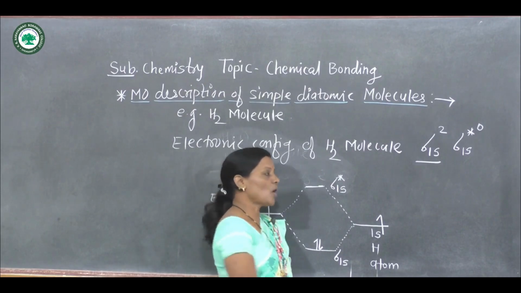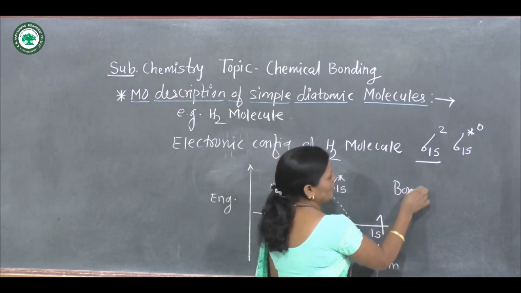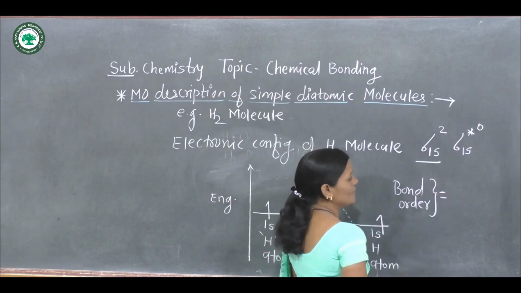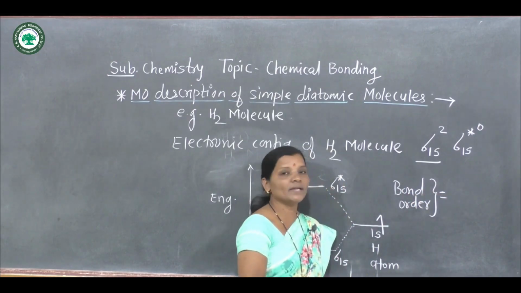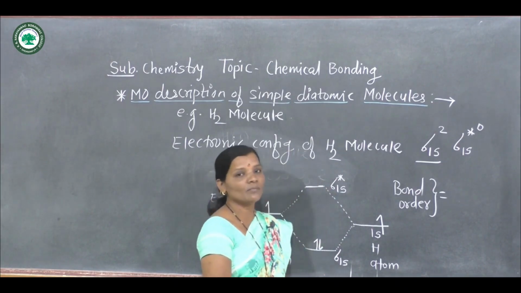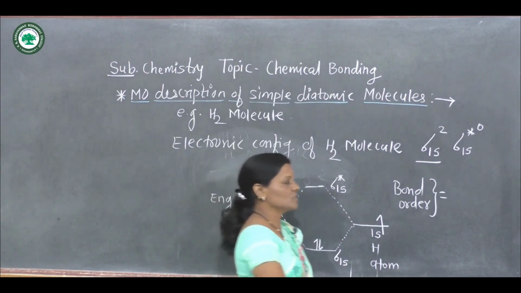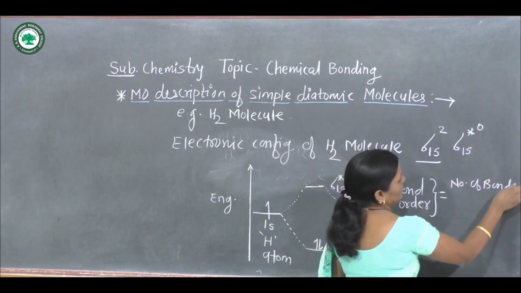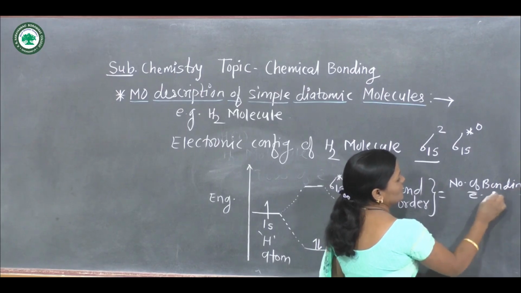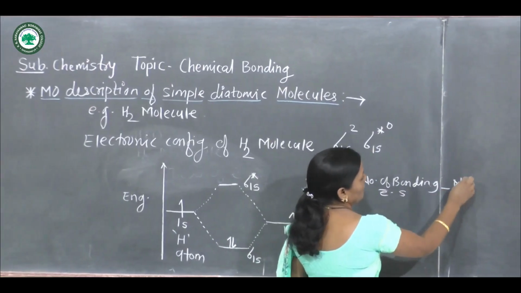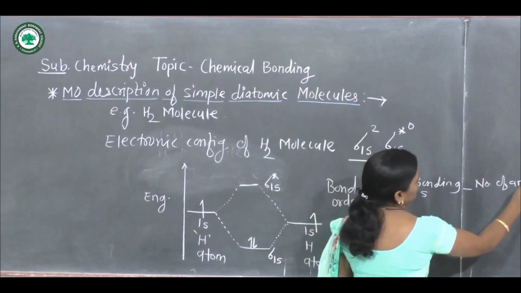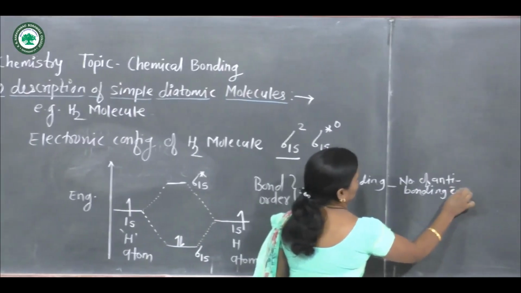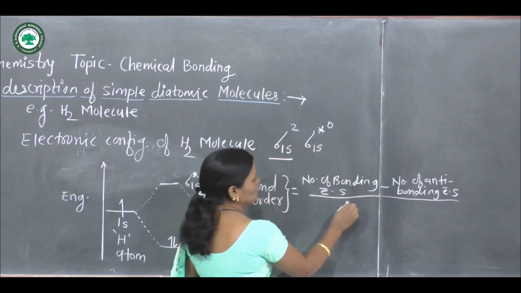Now we know that bond order for any molecule is given by the formula: bond order is equal to number of bonding electrons minus number of anti-bonding electrons, divided by 2.